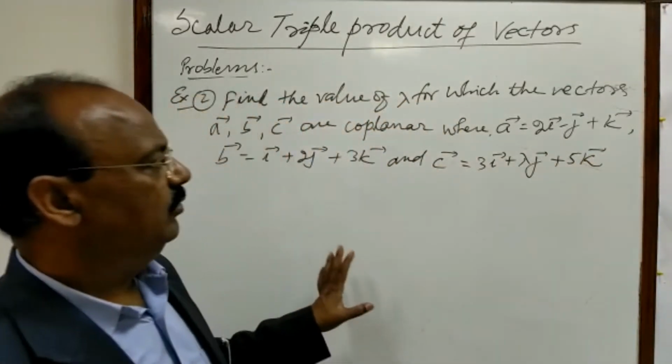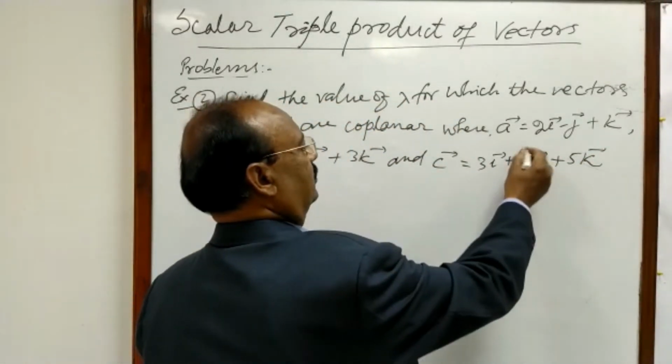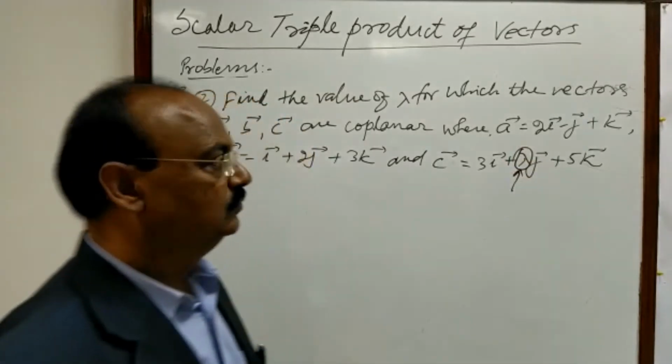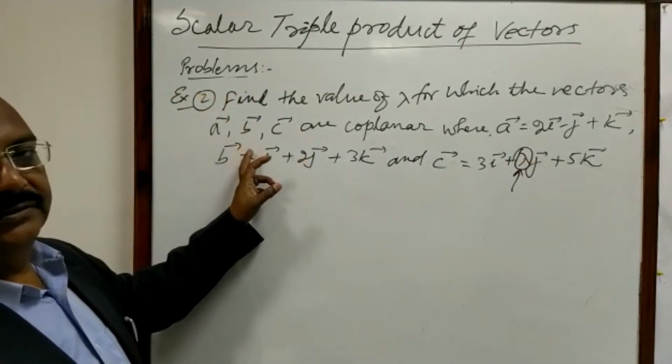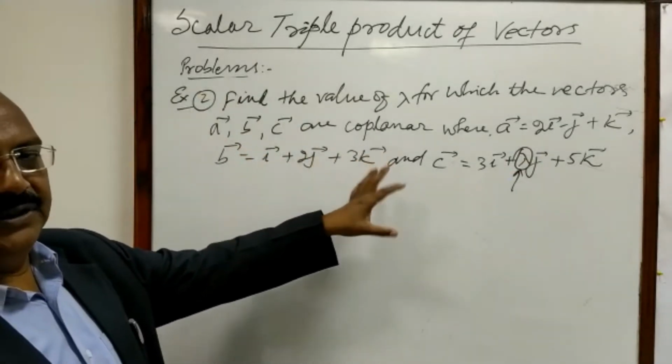In this question, we have to find out the value of this lambda, so that these three given vectors are coplanar, lying on the same plane.